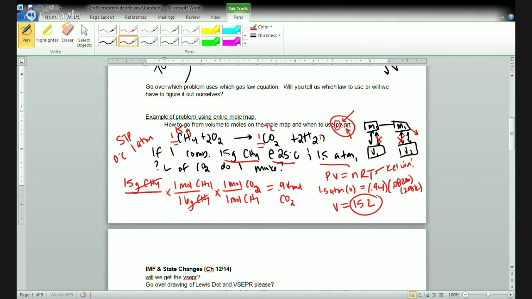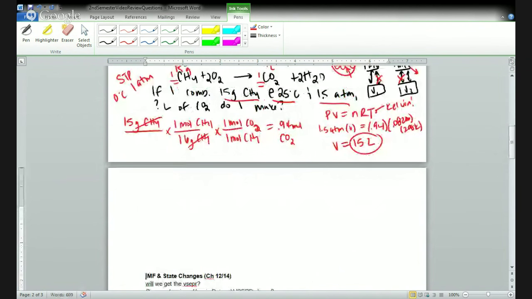So in my problem, I would see a pressure, I would see a volume, and I would see a temperature. So if we just do a quick example of something like this, I'm going to kick it down here. A quick example might read, I have 2 liters of O2, assuming the same things, at 25 degrees Celsius and 1.5 atmospheres.